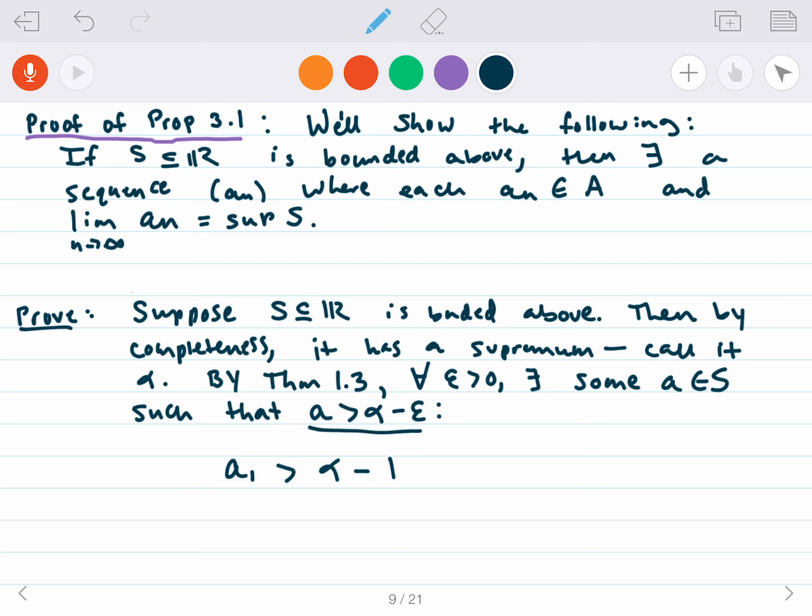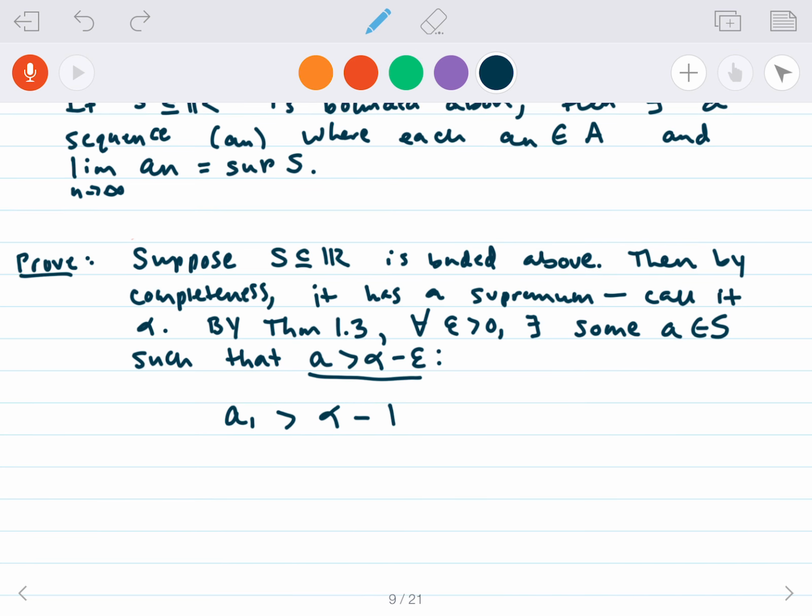When you give me epsilon equals 1, I find you a little a1 in my set by the supremum analytic theorem. Similarly, if I give you epsilon equals 1 over 2, then there's an a2 in our set S that's bigger than alpha minus 1/2.